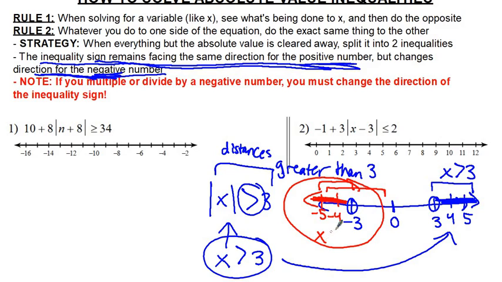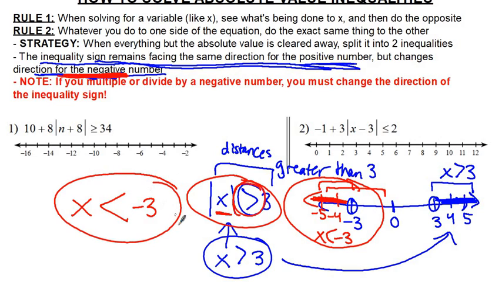The answer is I would say x this time is less than negative 3. This is what this says: you have to change direction for the negative number. So I'll put an x and the negative number, and now this sign used to be opening towards the x, now it's going to open away from the x. It's going to be less than negative 3.